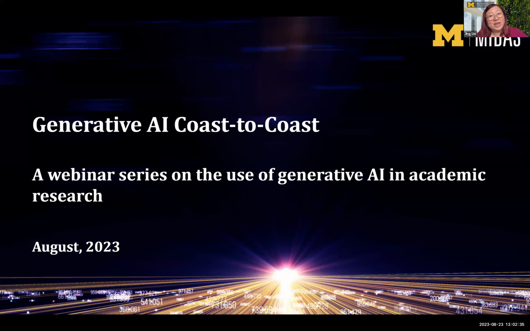So this Generative AI Coast-to-Coast series is something that we set up fairly quickly this summer because of all the enthusiasm among researchers around the use of generative AI in research.